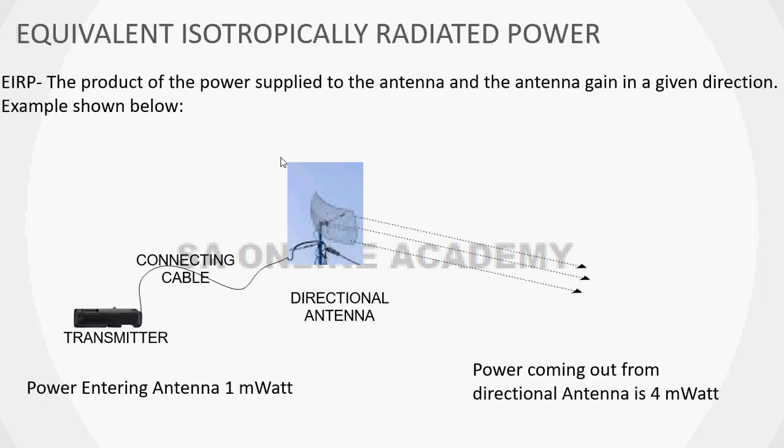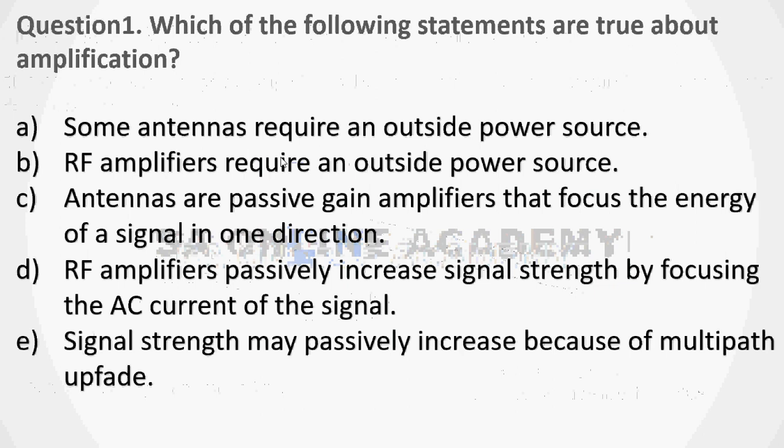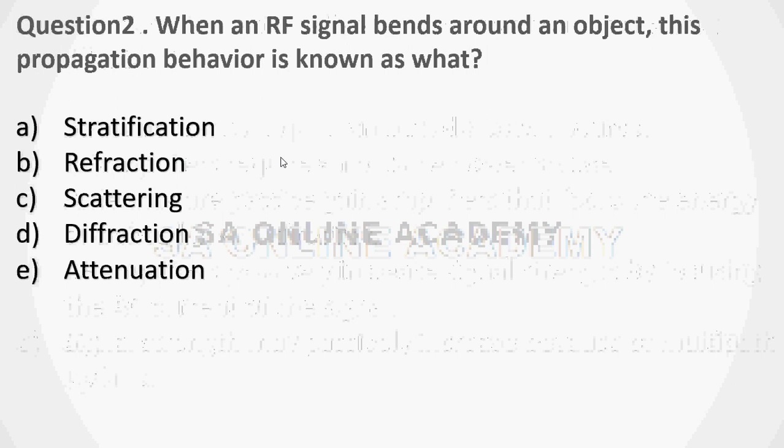So friends, now it's quiz time. Which of the following statements are true about amplification? I'm holding some time on this screen so that you can have a look at the options. When an RF signal bends around an object, this propagation behavior is known as what?